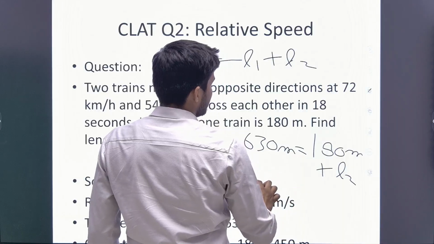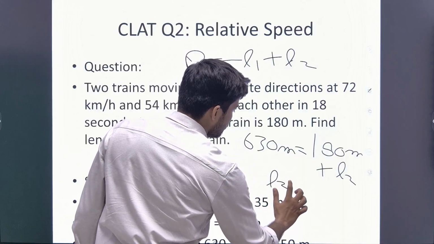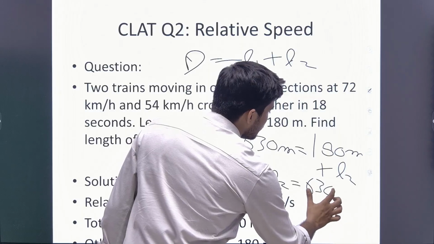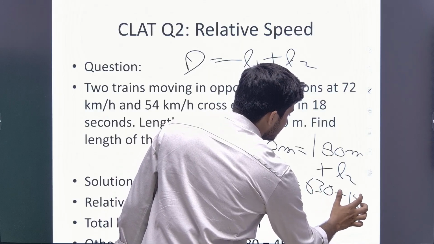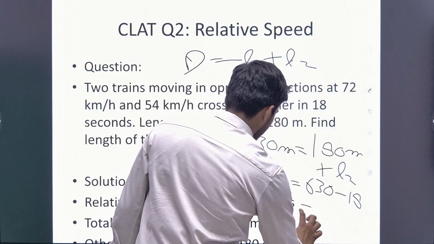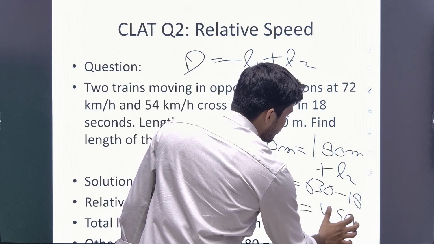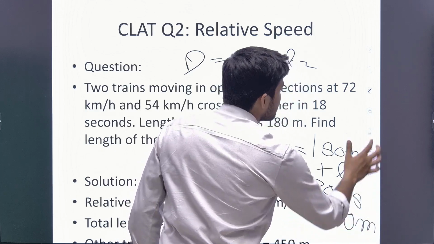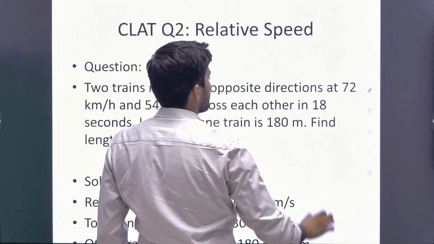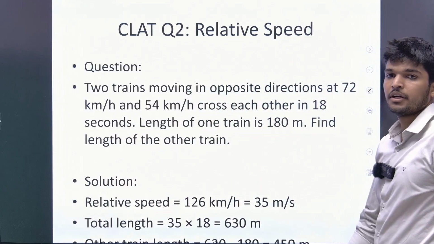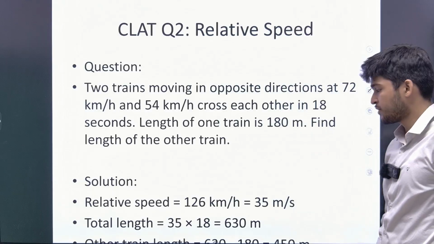Now to calculate L2, we will subtract 180 from 630. So the length of the train would be 450 meters. Correct? Did all of you understand this question?